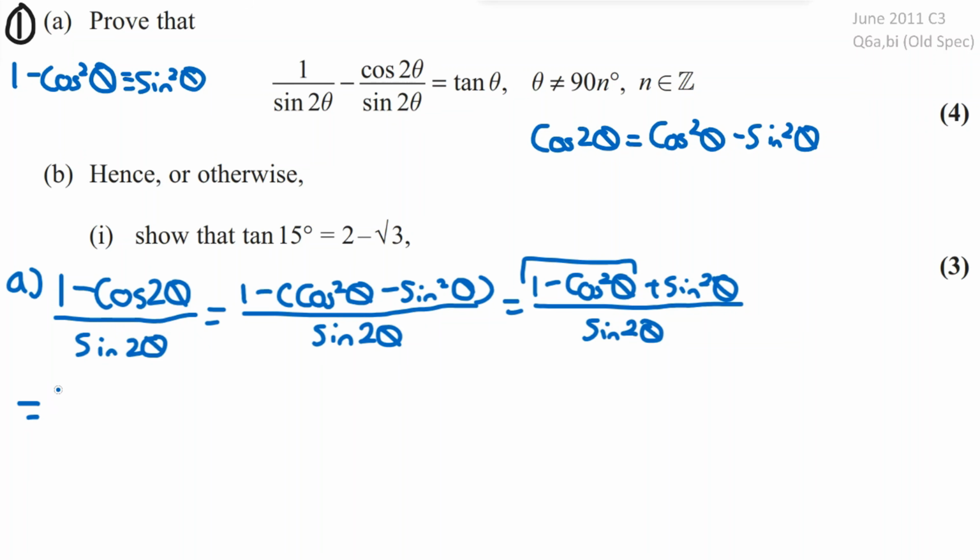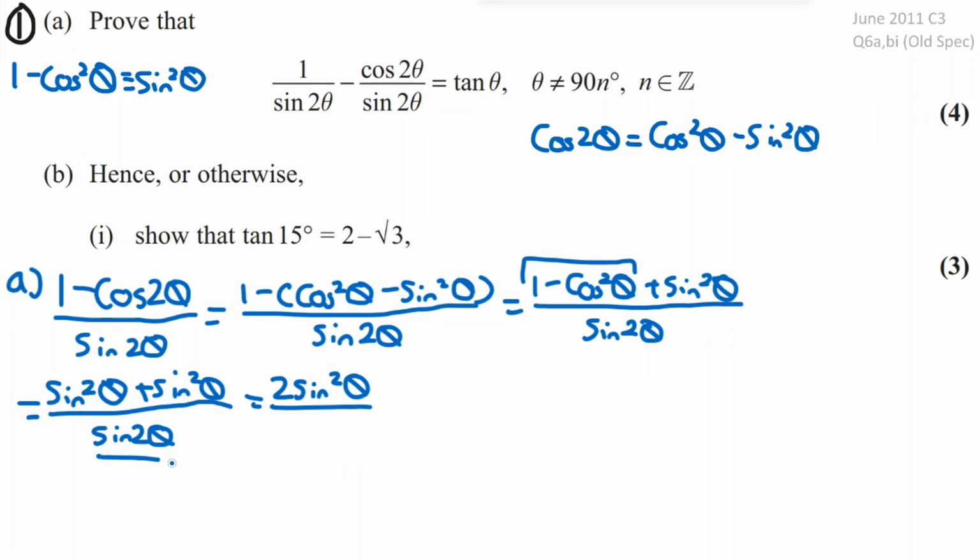So this is going to become sin squared theta plus sin squared theta, and this is over sin of 2 theta. We can rewrite this with the sin squared thetas combined to get 2 sin squared theta, and then we can rewrite the sin 2 theta as 2 sin theta cos theta.